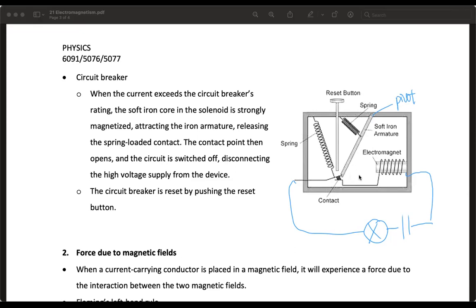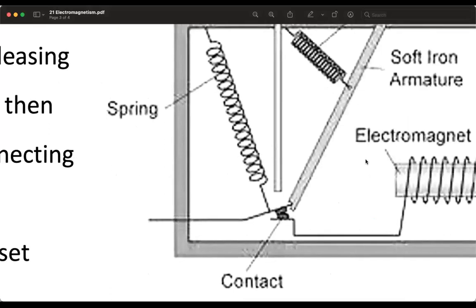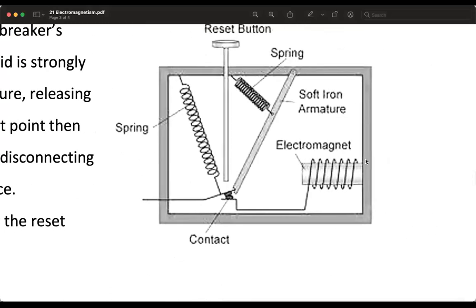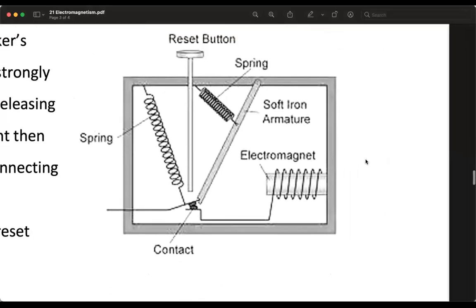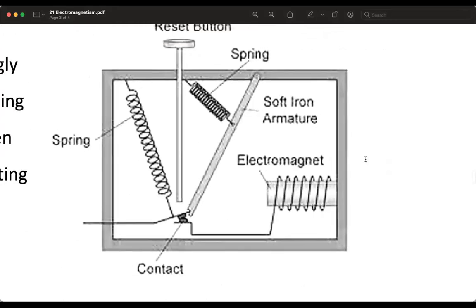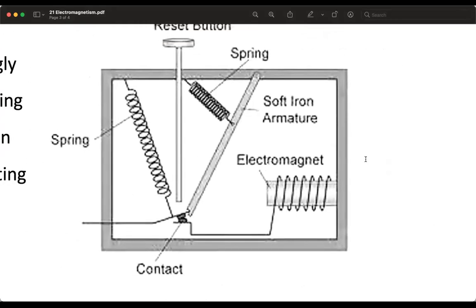So when it turns towards the electromagnet, would this wire be dragged over as well? Okay, hold on. Beiguan asked me to zoom in. Okay, so let's zoom in. So this is the pivot.